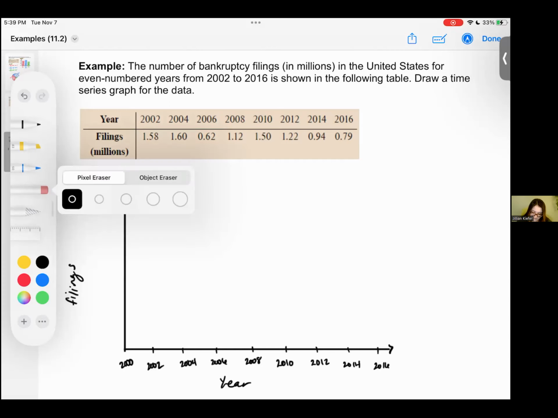We fit on there, but we want to make it just a little bit longer. We want to include 2018 on here as well, just to keep the graph all contained.